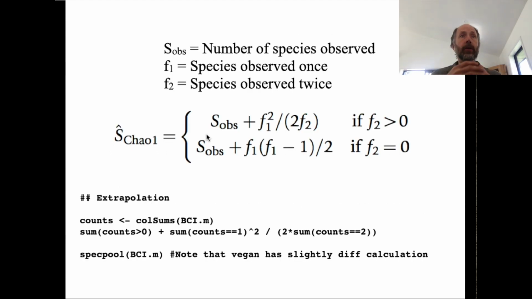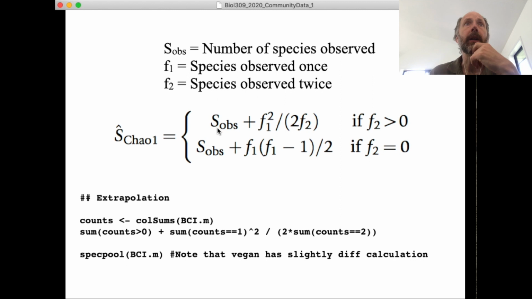So we do this through a function called, well, there are various functions, but I'll show you one called chao. This is the Chao estimator. It takes the number of observed species, which I'm just calling S-obs, and then it takes the number of what we call singletons and doubletons. That is, the species with a frequency of 1 and species with a frequency of 2.